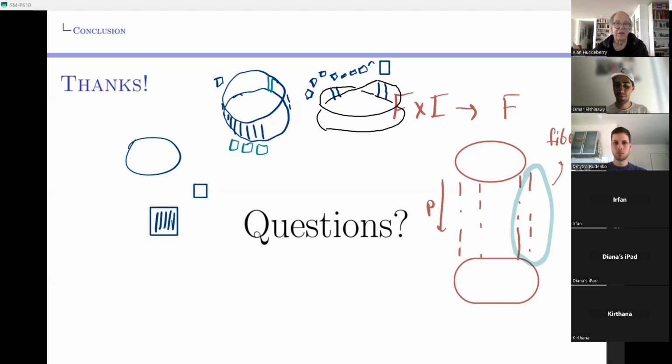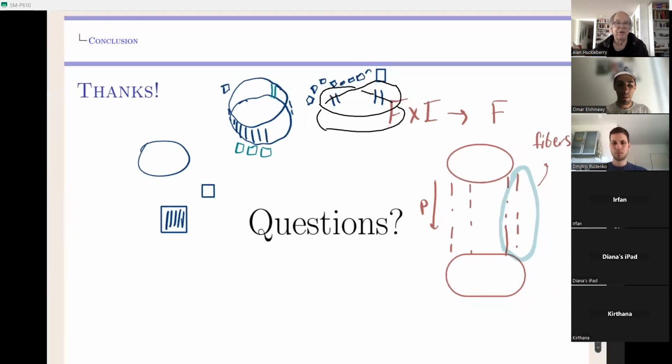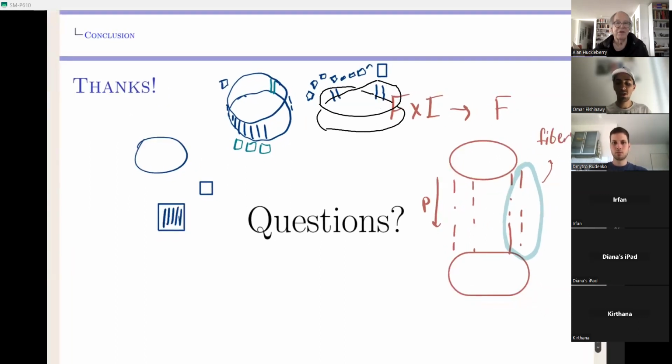So what happens with the long exact homotopy sequence in the Möbius band? Will that go into your paper? No, just an example of fibrations. For example, you look at the map which makes up this.